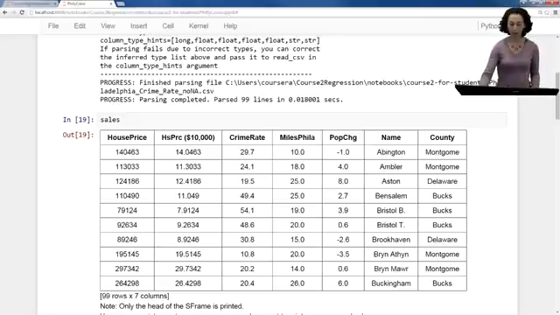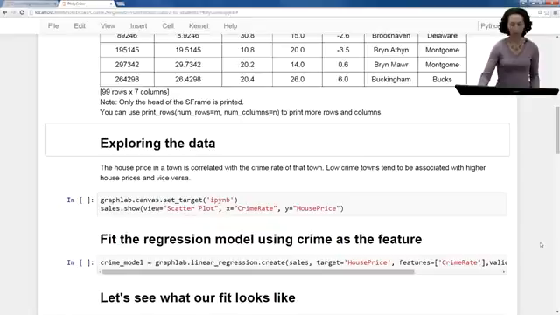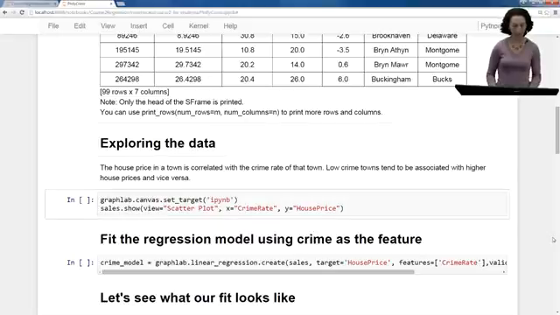So let's start analyzing this data. And to do this, what we're going to start with is just making a scatter plot of the relationship between average house sales prices and crime rates. Okay, so here we are.